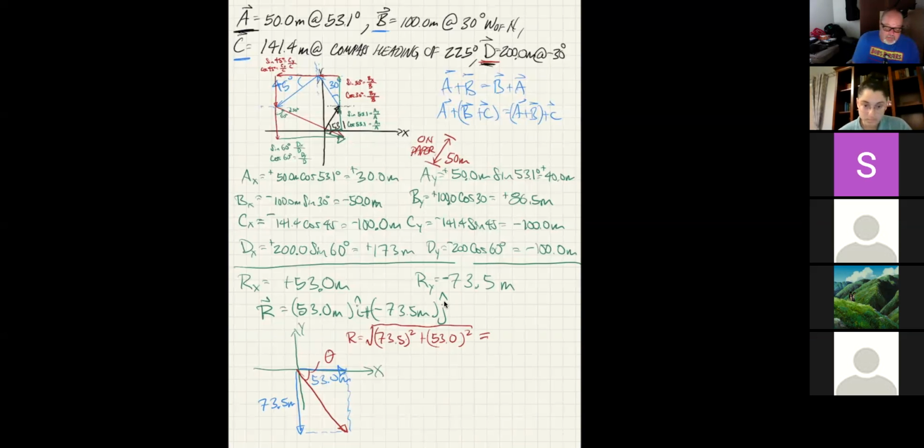So I'm going to do square root 73.5 squared plus 53 squared, and that gives me 90.6 meters. Okay, so that's my magnitude.